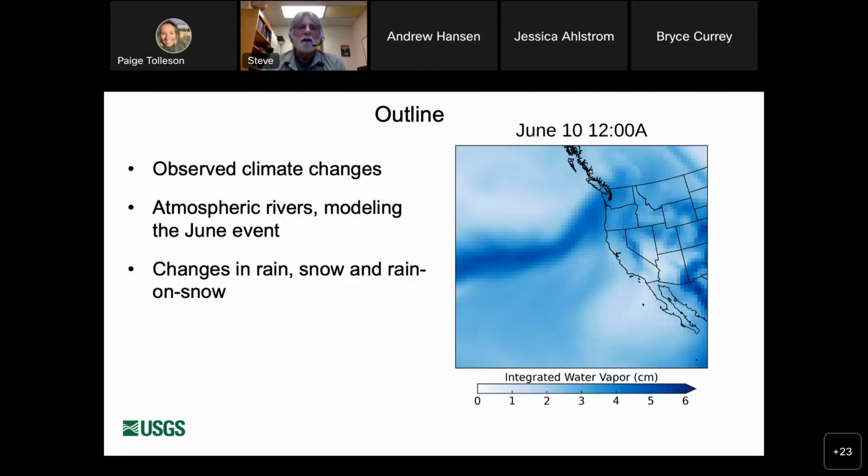So I went ahead and modeled the event in June, and so I'm going to give you some insight into that from our models, and then finish off with some changes in how rain and snow and rain on snow, which are another cause of these events, might look in the future.